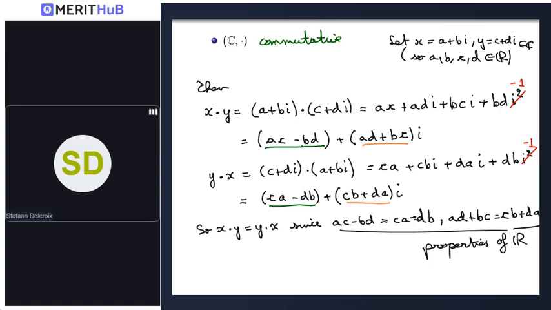Can you see some of the properties that we're using of the real numbers to conclude that ac minus bd is ca minus db? So can you pinpoint exactly which property or properties of the real numbers that you're using to conclude that ac minus bd is ca minus db?